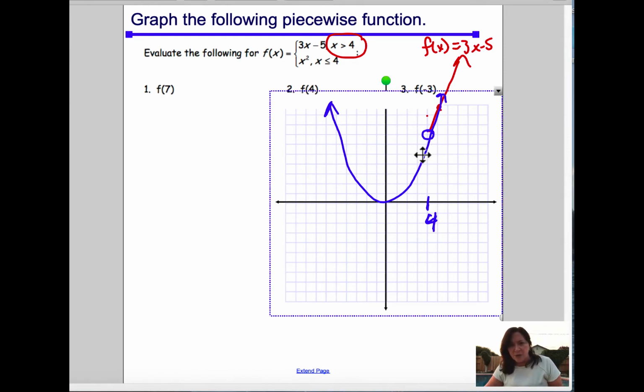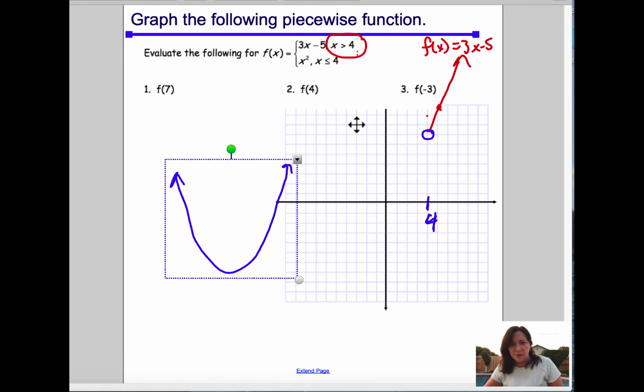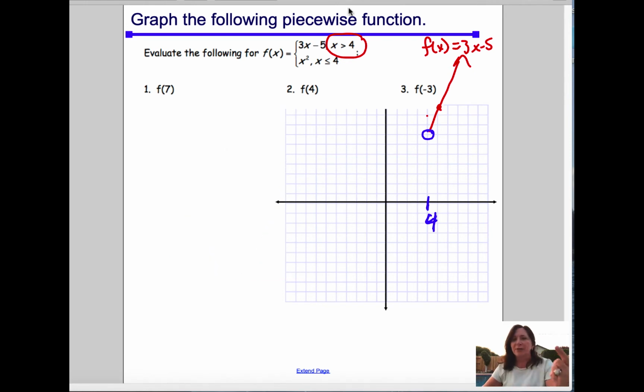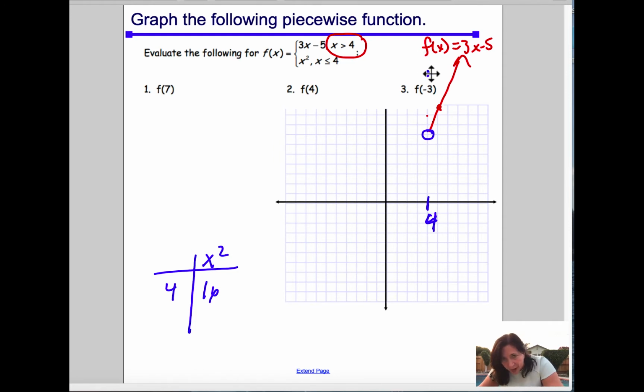So let's try to figure out what's happening at 4. So I'm going to delete this little parabola and try to be more specific. If I were to plug in, let's say, just make a graph, and I said, well, what's happening at 4? Well, this is x squared, so that would be 16. So at 4, I'm actually way up here, solid value 16.